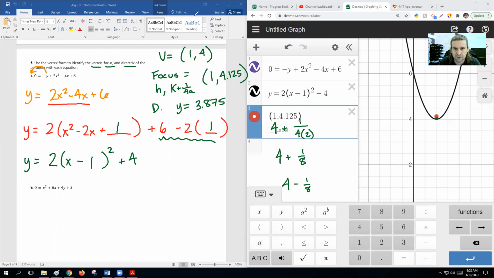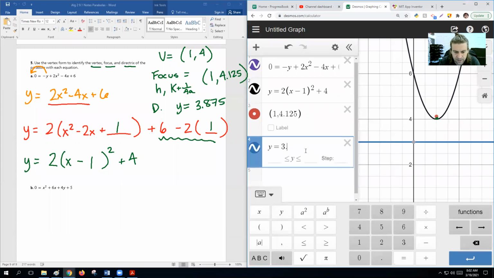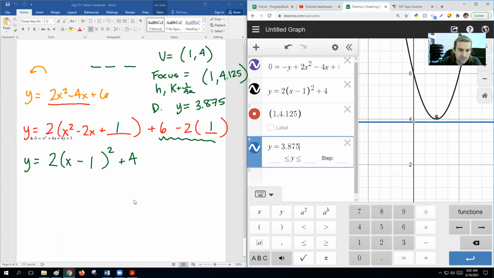And we can double check that here on Desmos. y equals 3.875. There we go.